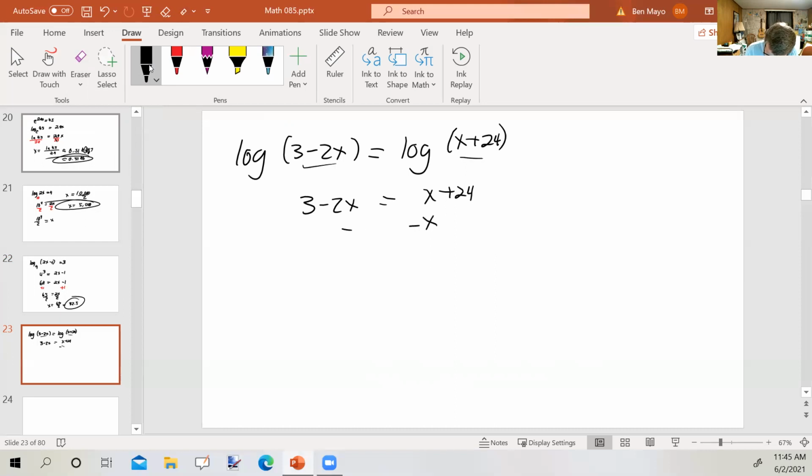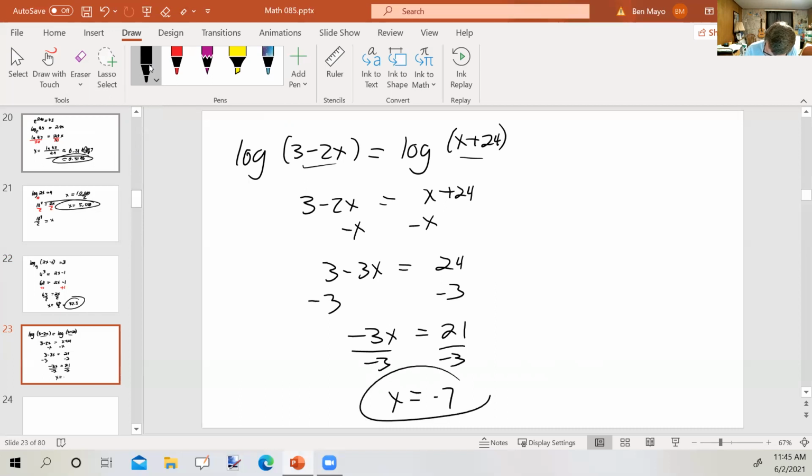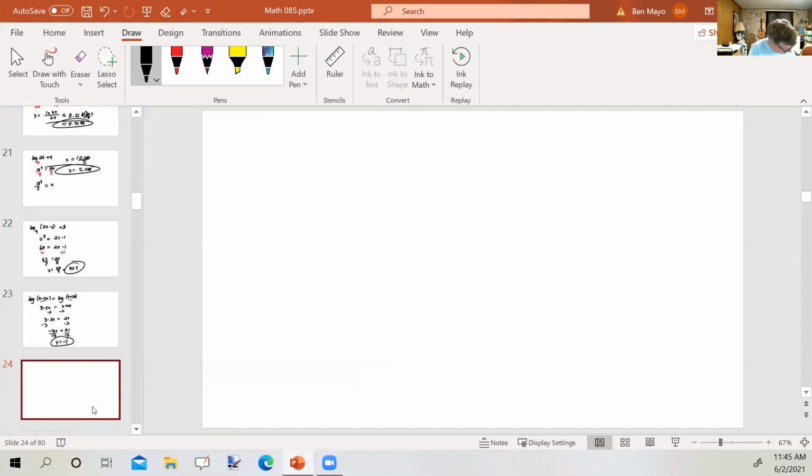I'm going to subtract x from both sides. 3 minus 3x equals 24. Subtract 3 from both sides. Negative 3x equals 21. Divide by negative 3, x equals negative 7. Okay. Let's see here. Let's do one more of those.